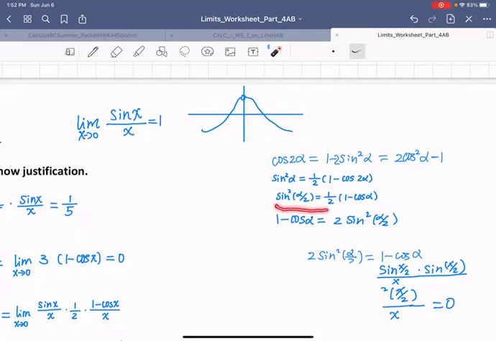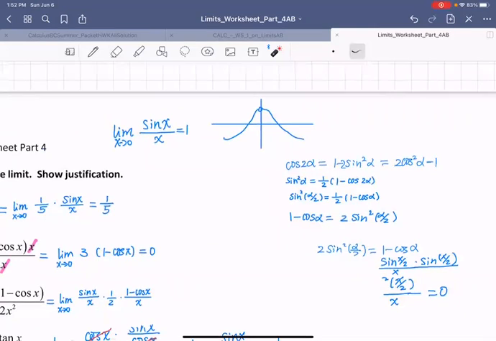Is that right? Very good. So 1 minus cosine alpha is double of sine square alpha over 2. Correct? Now, this is 1 minus cosine x.